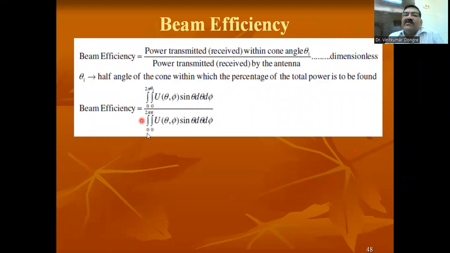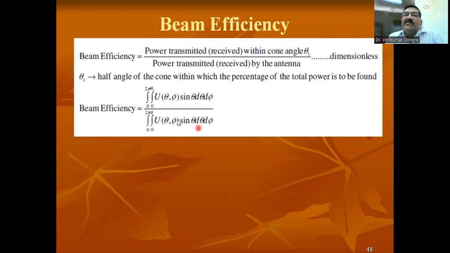So here 0 to 2 pi is the limit for phi, 0 to pi is the limit for theta, and this is the integral of u(theta, phi) sine theta d theta d phi, as we are considering a sphere.